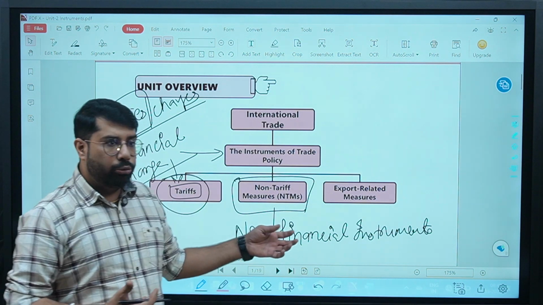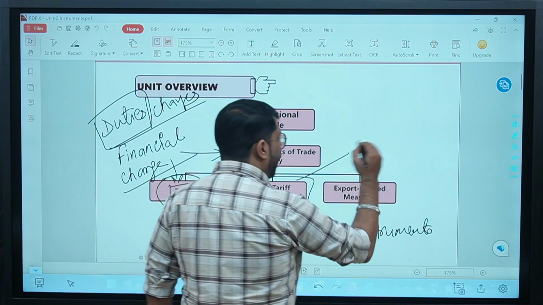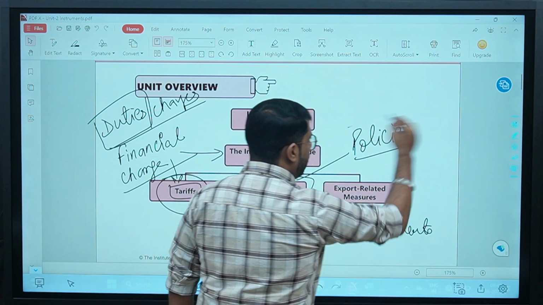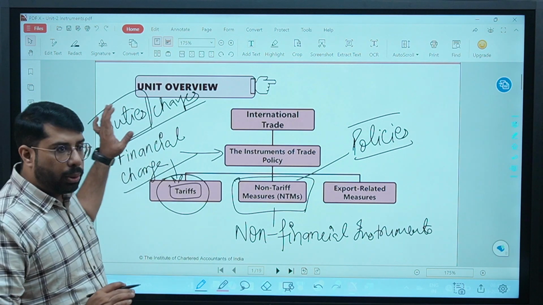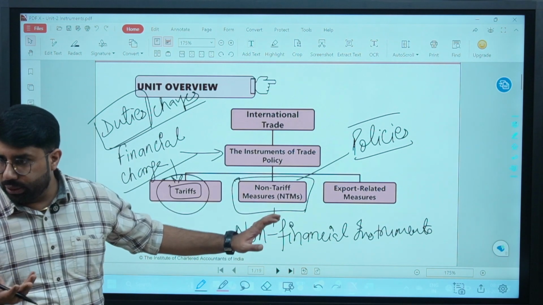And in NTMs, we'll talk about the non-financial instruments. Non-financial instruments as in that we are going to play through the policies. We will change the policies itself. Are you getting a point? Here we're talking about the taxes, and here we're talking about the plans or policies.